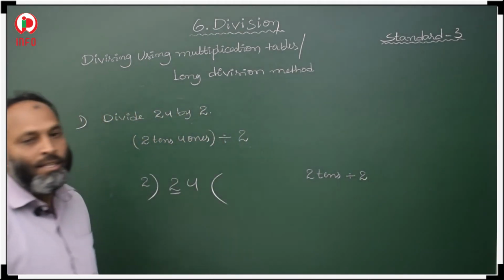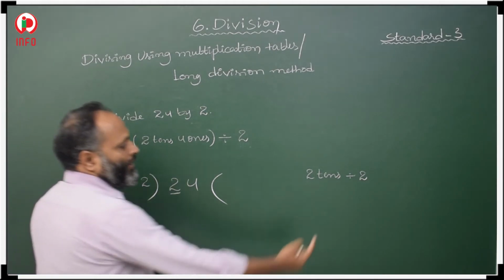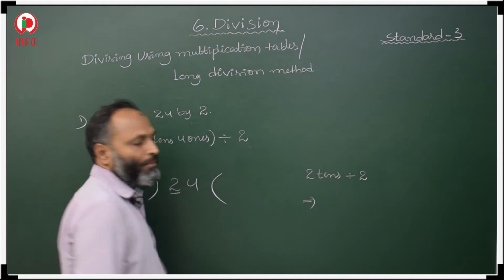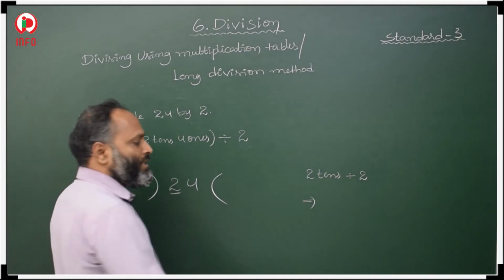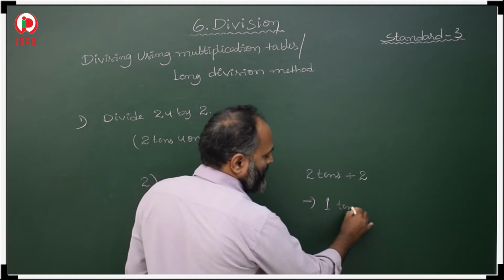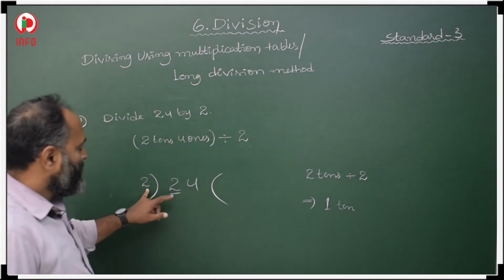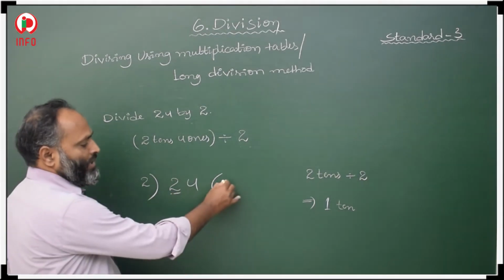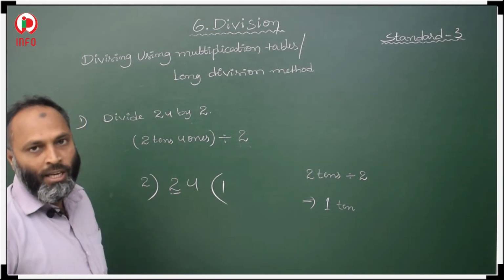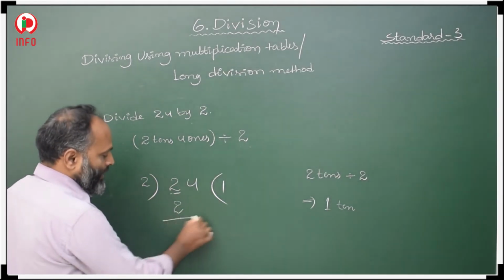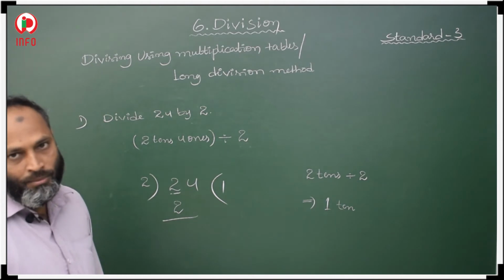When does 2 come in the 2 table? 2 ones are 2, so 1 ten we take in the quotient, and 2 ones are 2, that 2 we write exactly below this 2.